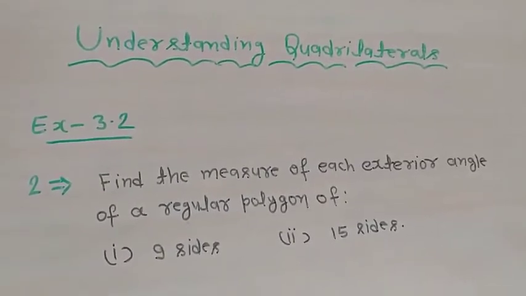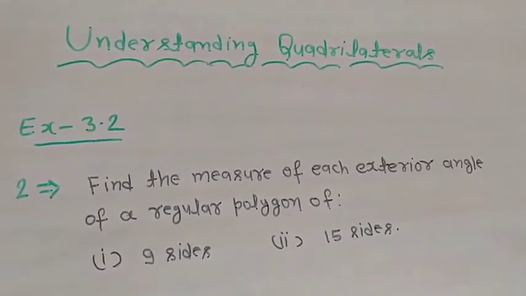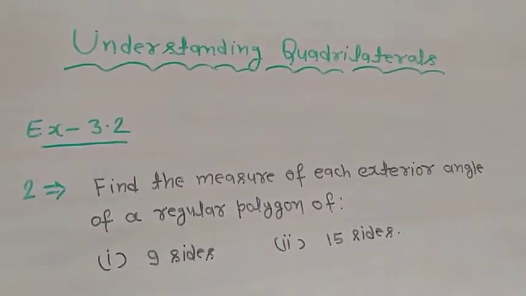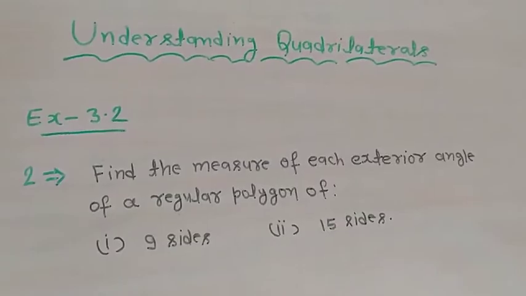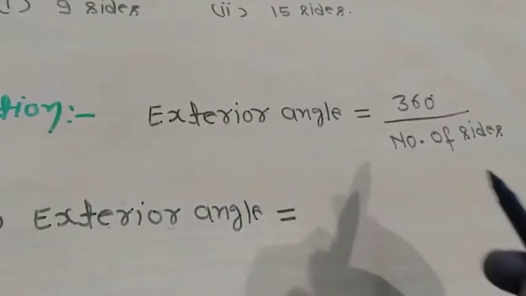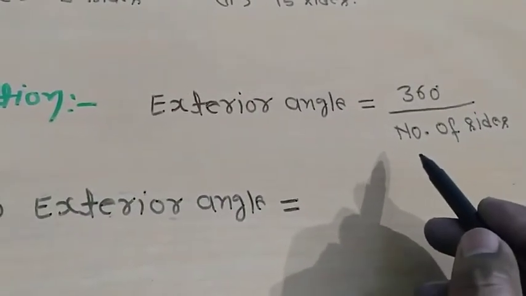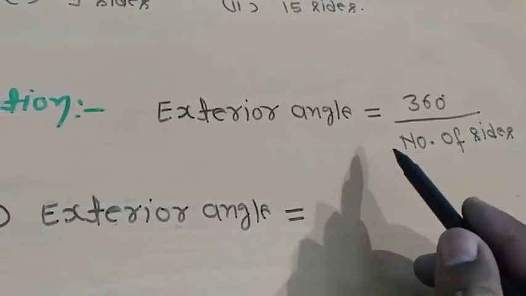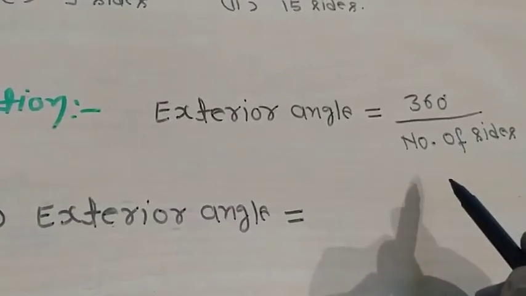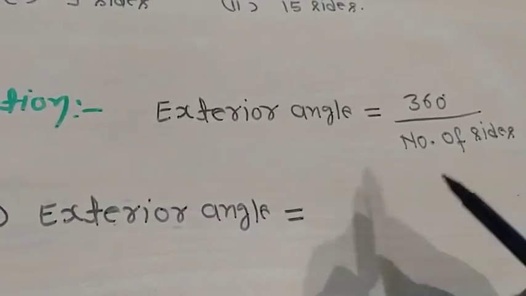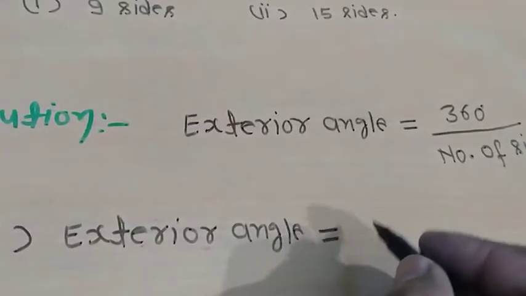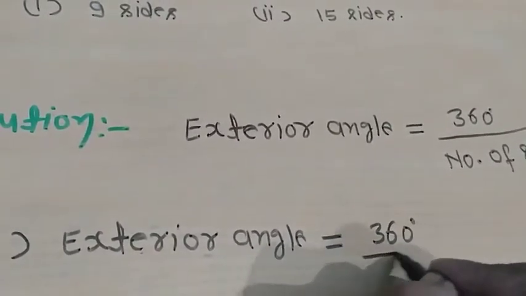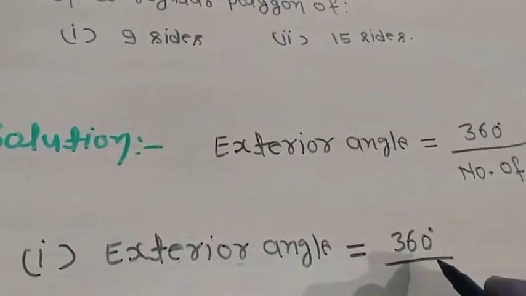Okay, let's see how to solve it. Here this is the formula to find exterior angle if number of sides is given. Okay, so exterior angle is equal to 360 degree by number of sides. So here 360 degree and number of sides is 9 in the first part.